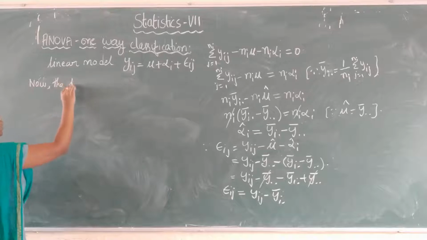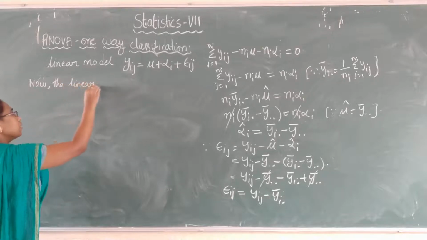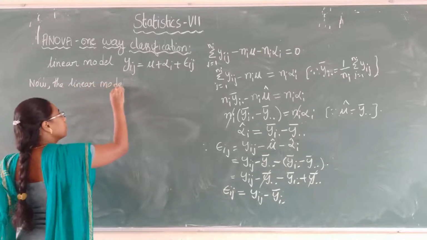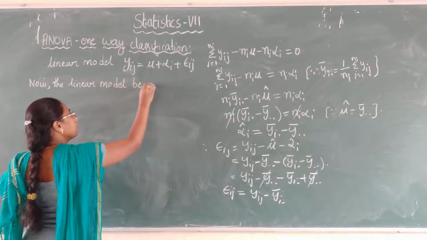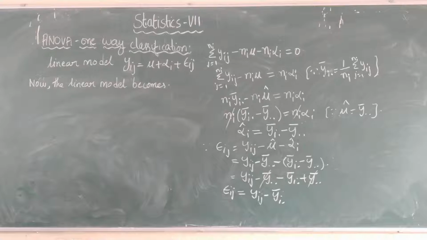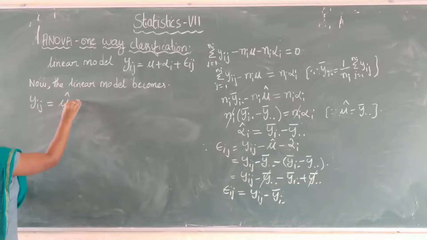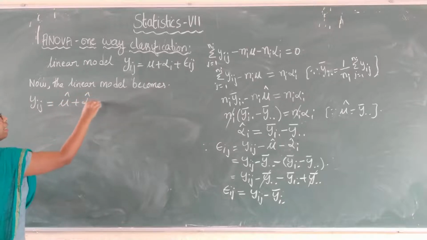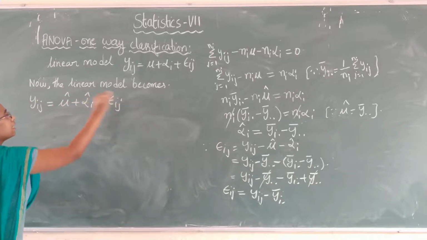Now the linear model becomes, what is the linear model generally? Yij equals mu hat plus alpha i hat plus epsilon ij.